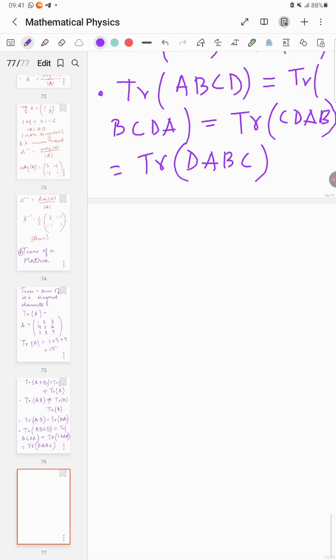So basically what it says is for cyclic rotation the trace remains the same. Cyclically we are omitting one matrix and putting it to the other side of the product. Right.